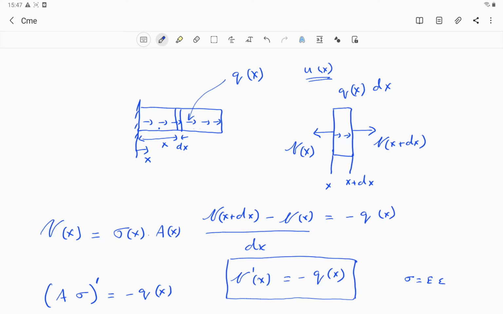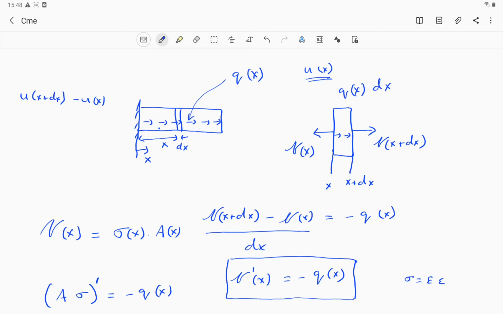So what is the total change in length of that infinitesimal piece? That will be this displacement minus this displacement, which means u of x plus dx minus u of x. And that's the change in length.